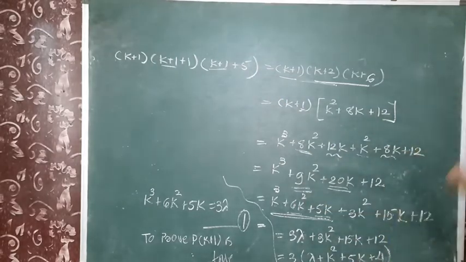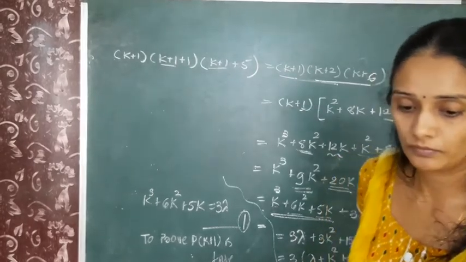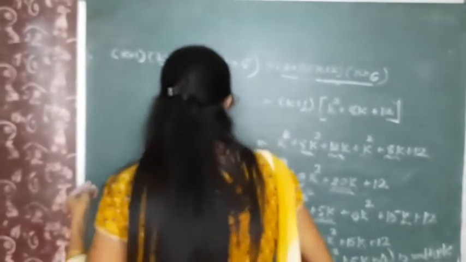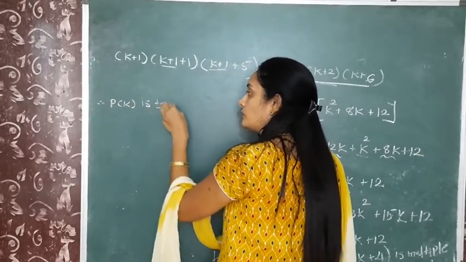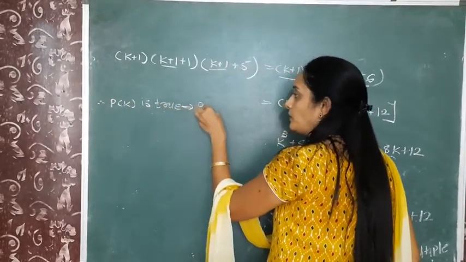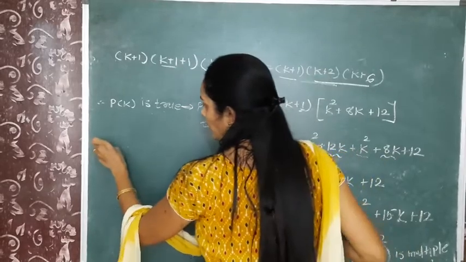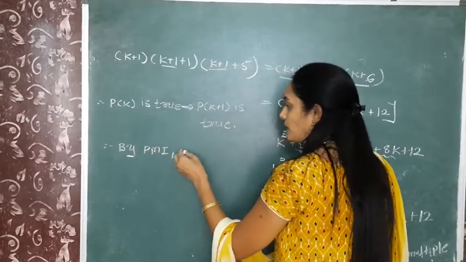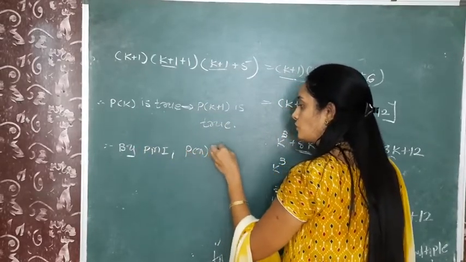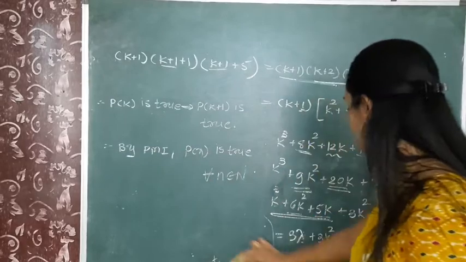So we can say it is a multiple of 3 and therefore P of k is true implies P of k plus 1 is true, and therefore by PMI the given statement is true for every natural number. Okay.